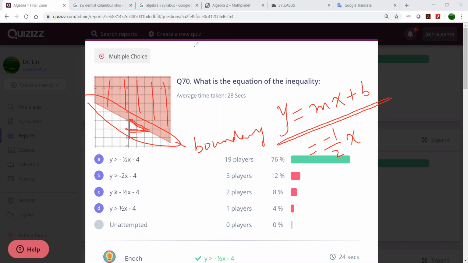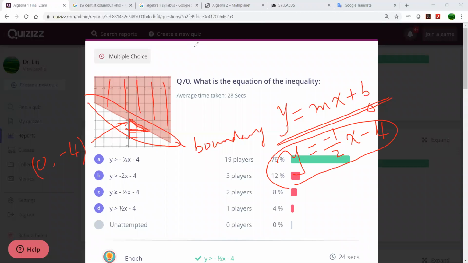So you can get the slope is -1/2. And B is the y-intercept. When x becomes 0, y equals -4. You can see here the y-intercept (0, -4). So it means B is equal to -4, right? So we can find the boundary line is this one.